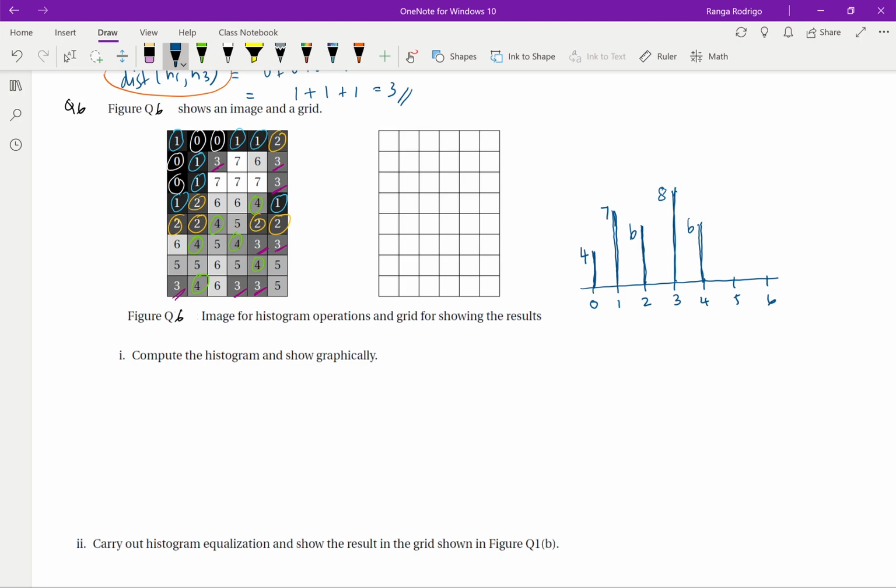Then intensity 7. 1, 2, 3, 4. Yeah, 4. Forgot the ones in between. Intensity 5, 1, 2, 3, 4, 5, 6, 7.